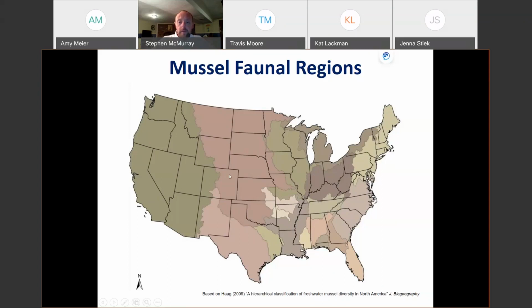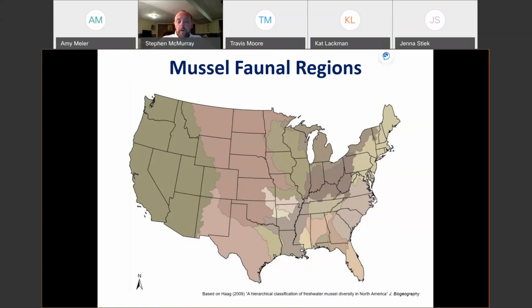The Great Plains here is very depauperate, but we still have a number of unique species that occur in that pretty vast region. The Lower Mississippi, where we pick up in the Bootheel and southeast Missouri, St. Francis and Black River systems, and then the interior highlands that we see here, and specifically the Ozark faunal region, which we share with our friendly neighbors, Kansas, Arkansas, and Oklahoma.